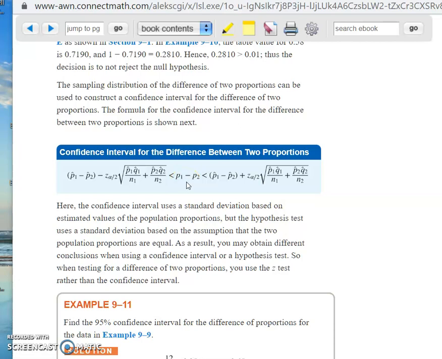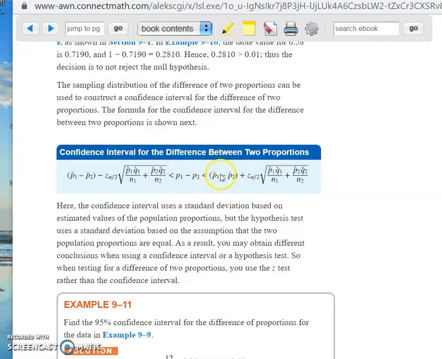Well, as always, when we're trying to estimate the true population parameter, we get a point estimate, and our point estimate is p hat sub 1 and p hat sub 2. You take that difference, that's your best estimate. Well, it's an estimate, so you have to have a plus or minus, right?